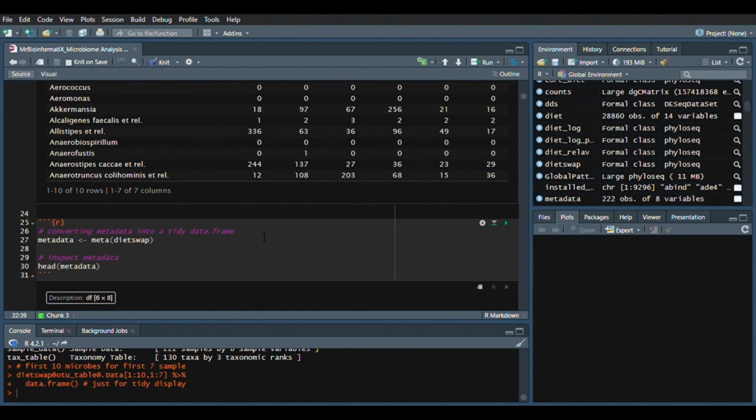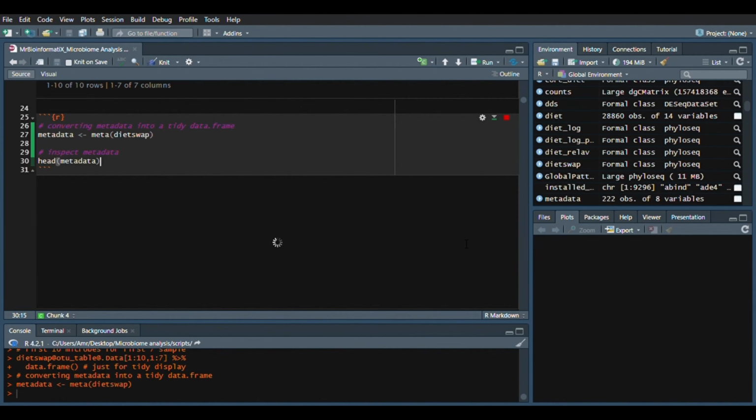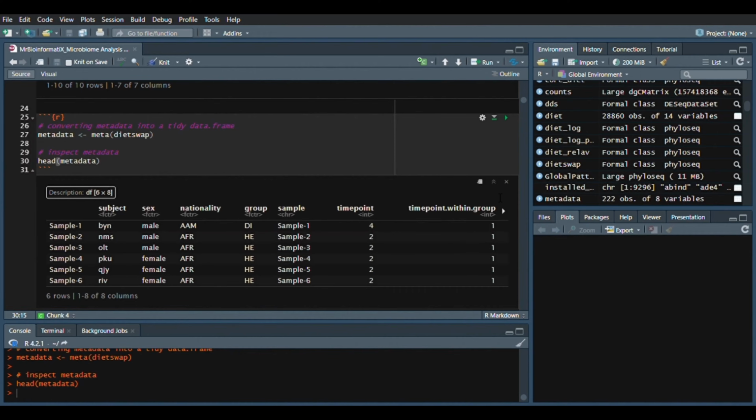So we write metadata and then meta, and we put our data, diet swap, and then head to inspect our data. So head metadata. Let's run our code. And here we have it.